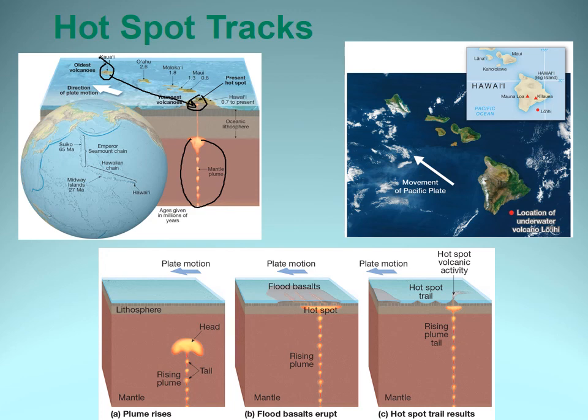A new big island will be forming and is already forming now, and will eventually be located where the Big Island is today. So a hotspot is responsible for the island chain of Hawaii. There are other hotspots around the world, and one of the most well-known and closer to home is Yellowstone.